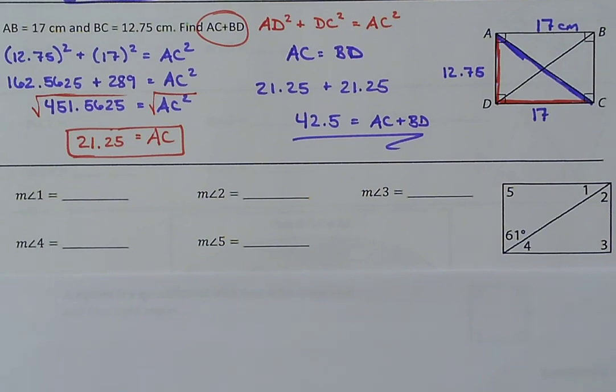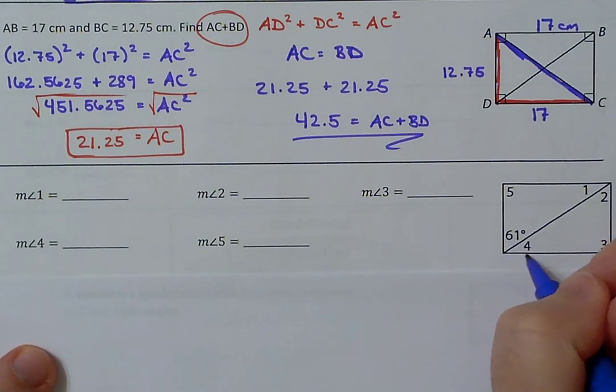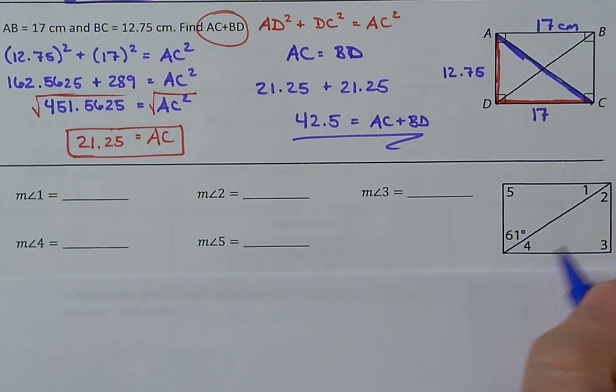Opposite sides are parallel, so if I have two parallel lines cut by a transversal, remember alternate interior angles is going to play a key role, and also remember that all the angles in a rectangle are 90 degrees. So this diagonal is going to cut these two angles into two different parts.